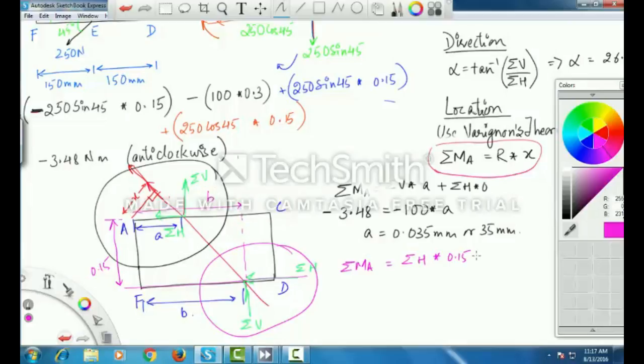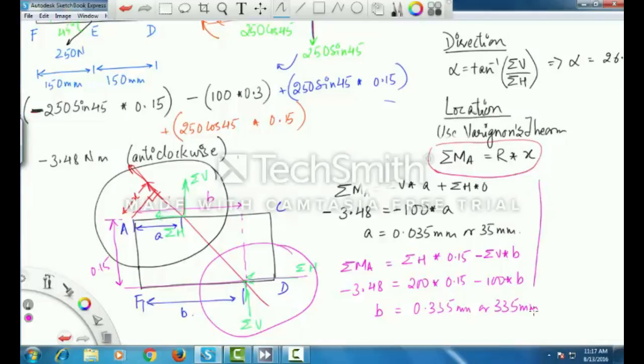This will be your perpendicular distance, which is nothing but B. So it is minus sigma V multiplied by B. You get 200 multiplied by 0.15 minus 100B, and this is nothing but 3.48. Calculate this and you will get 0.335 m or 335 mm as your answer. So we found the resultant, direction, and location, which is A, B. That's it.